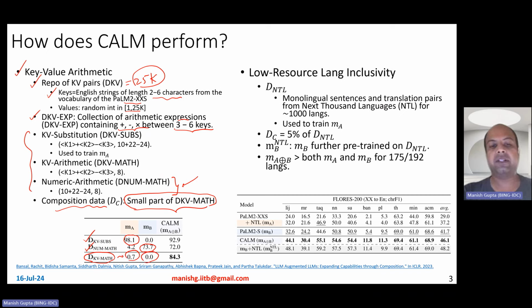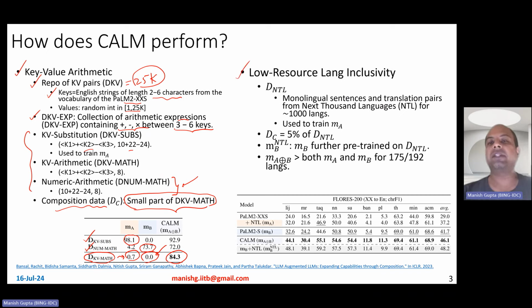MA is bad on this dataset because it does not know how to do numeric arithmetic. It only knows how to substitute keys with values. MB is bad because it does not understand what K1, K2, K3 mean. It just knows standard arithmetic. It doesn't understand the keys or the values of those keys. But the CALM model gives really good performance, showing that this kind of framework works, where you can augment two LLMs to get compositional abilities.